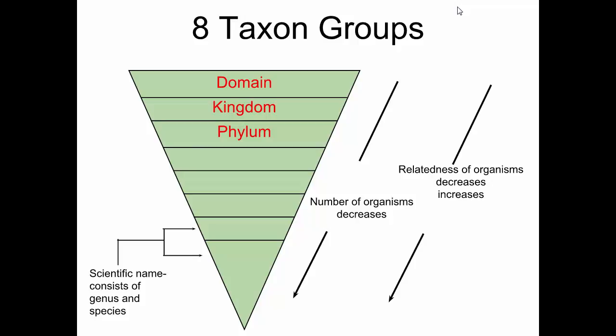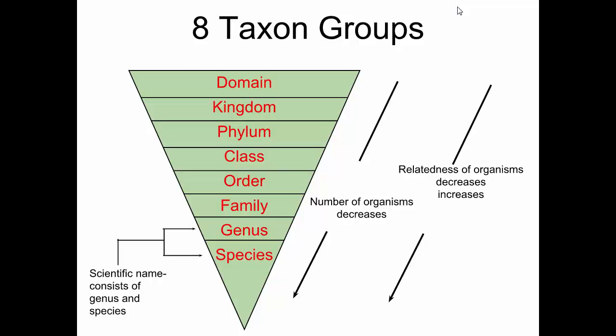And as we're moving down, we're getting more and more specific. The number of organisms in each group is decreasing. After phylum, we have class. After class, we have order. Then we have family. And then the last 2 are the genus and the species.